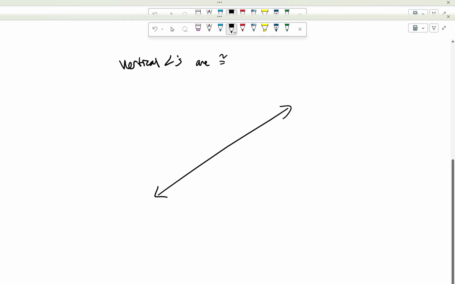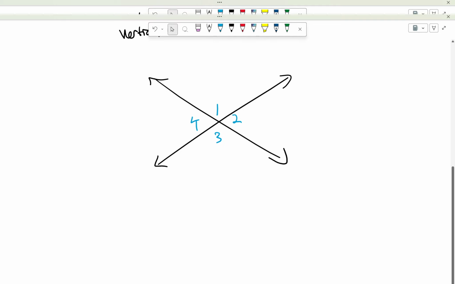Next, let's remember that we have vertical angles being congruent. Okay, so let's take a look at the following diagram. We have angles 1, 2, 3, and 4. And here's what you guys are going to tell me.